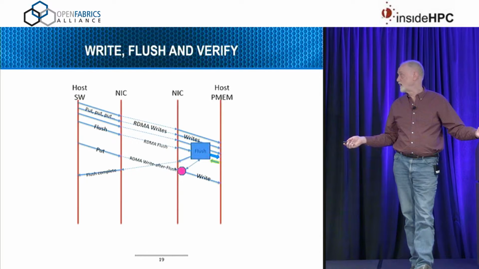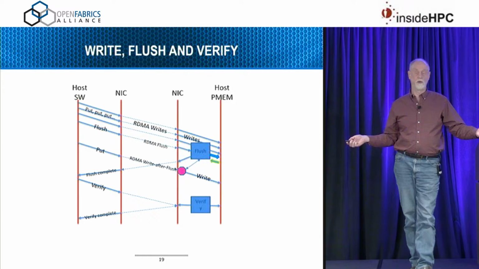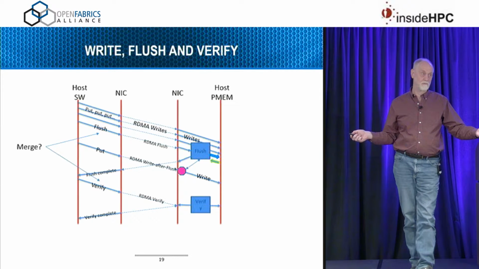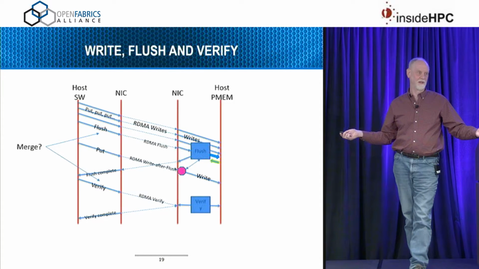Write, flush, and verify. So here's where we do a flush, and we finally follow it up with a verify. And the verify would complete the transaction. Some of this could actually overlap if we merge the verify and the flush. That's my wacky idea. NIC vendors may or may not like that idea. That'll take another bubble out of the pipeline.